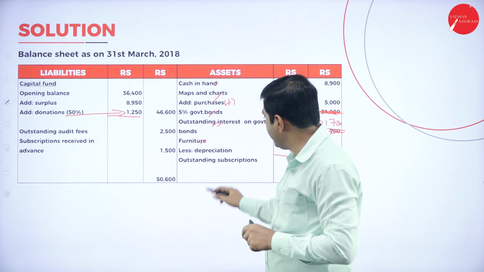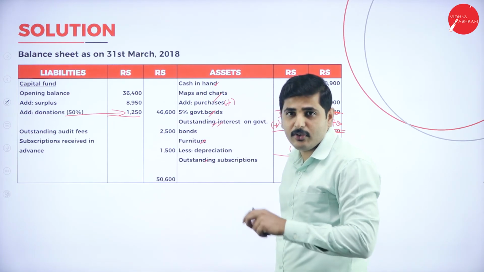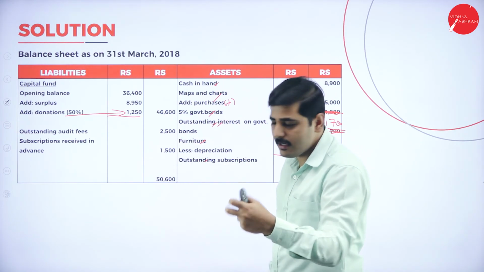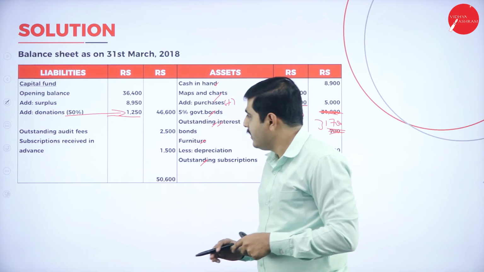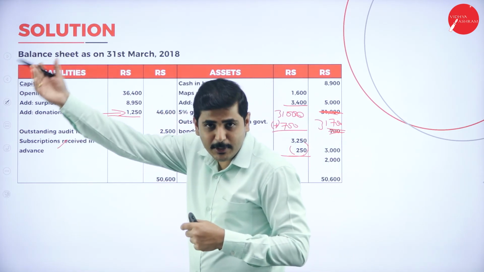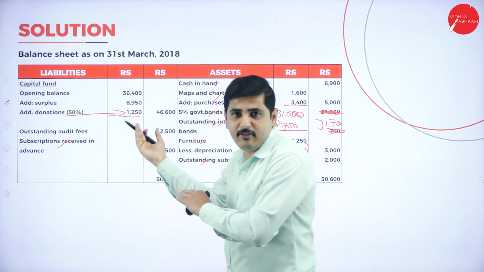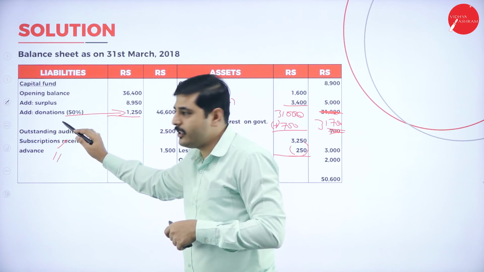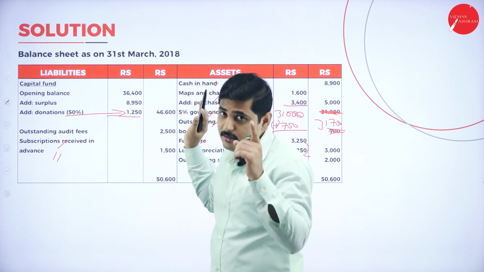Furniture belongs to the company. Outstanding subscription is our money but not yet received, so it is an asset. Subscription received in advance is others' money until next year, when it becomes ours, so it is a liability.